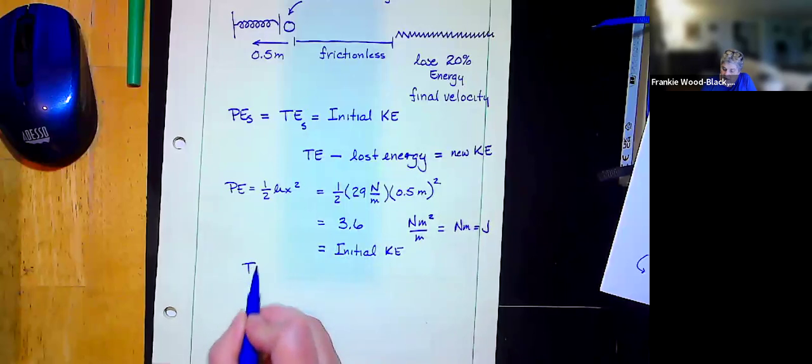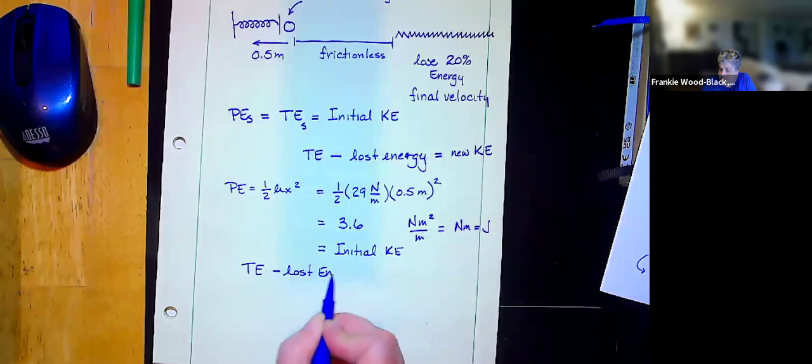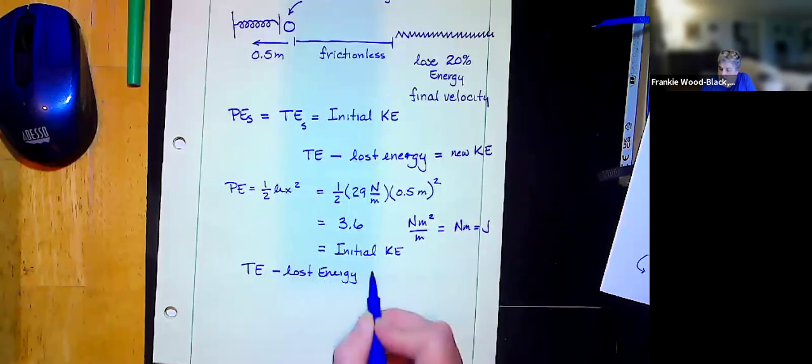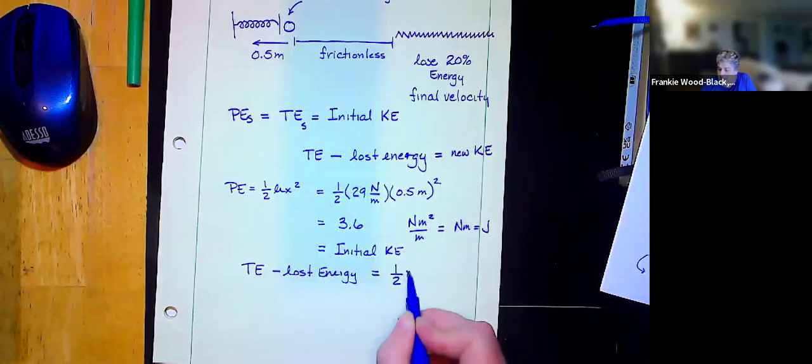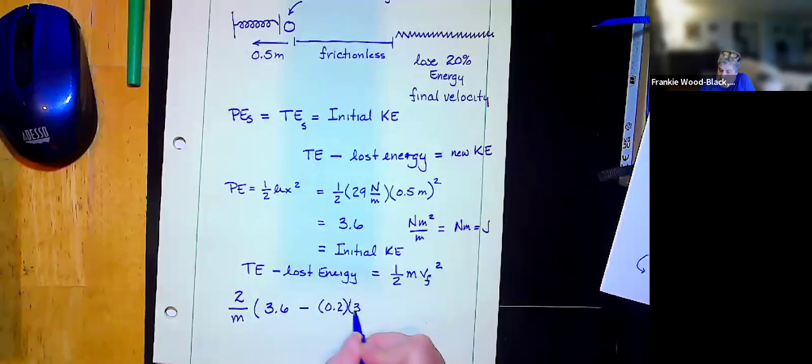So now I've got my total energy minus our lost energy is going to equal 1/2 mv final squared. So this is going to be 2 divided by the mass of my 3.6 minus, we lose 20% of our energy, so 0.2 times 3.6. This is going to give me my new v squared.